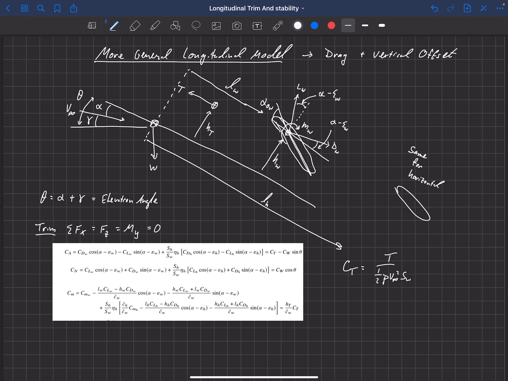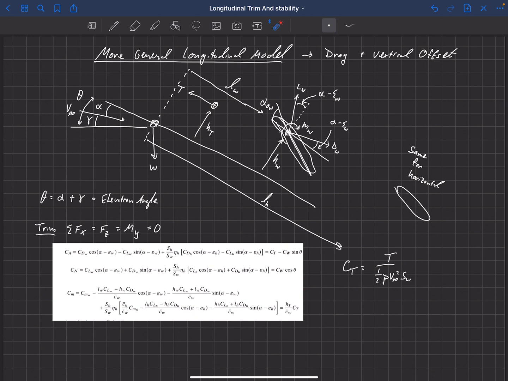And then we've got, let's see, in the normal direction, these are all of our forces there. And then the pitching moment gets a little bit crazy because we're including now not only offsets, the distance aft of the center of gravity, but also the height above the center of gravity.